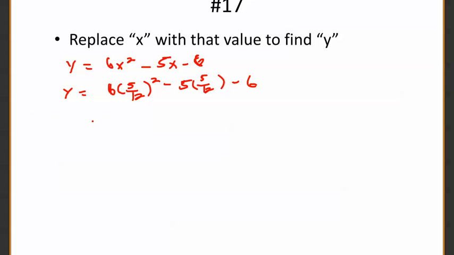Okay, so 5/12 squared is 25/144. 5 times 5/12, 25/12. All right. I think you can simplify this a little bit. 6 will go into 144 24 times.